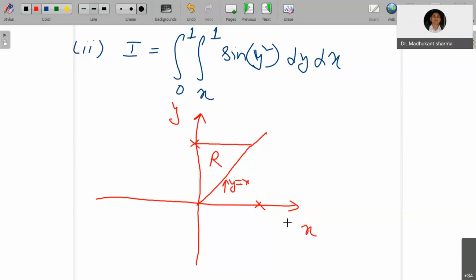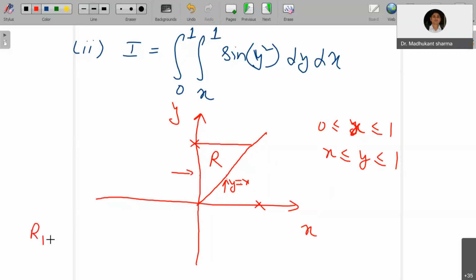Now, if you want to look at it the other way, you have 0 less than or equal to x less than or equal to 1, and x less than or equal to y less than or equal to 1. Okay, now what can you do? From here, you want the x variable limit. So for the x variable limit, you have to enter like this: x equals 0 to x equals y.